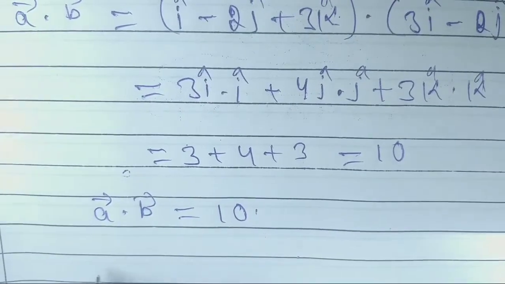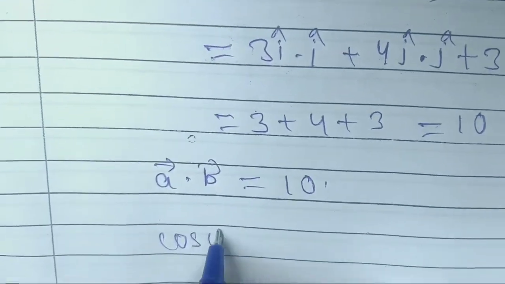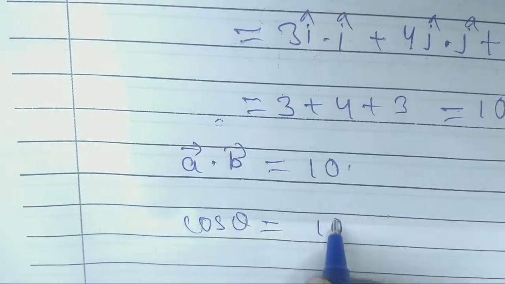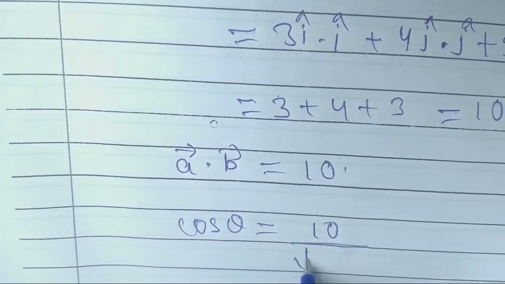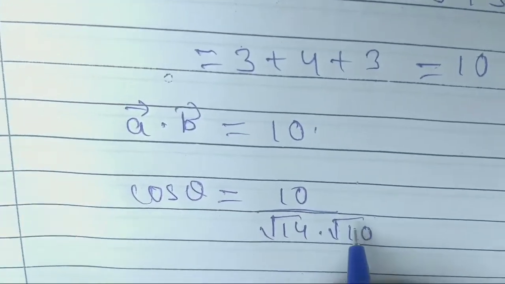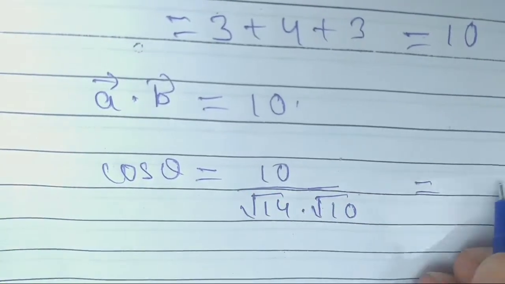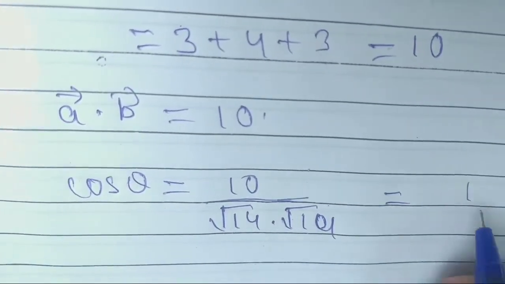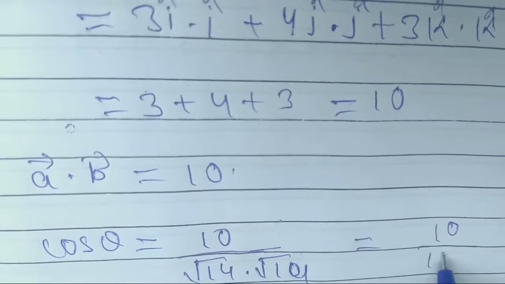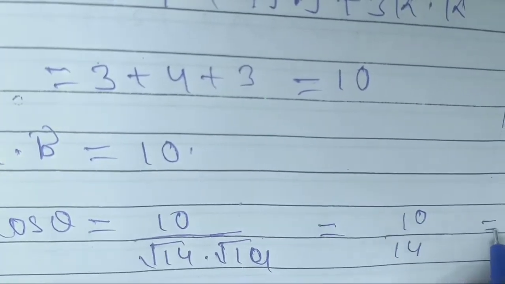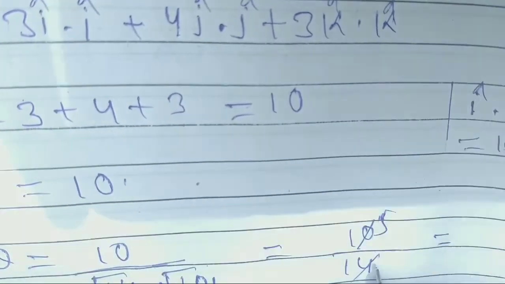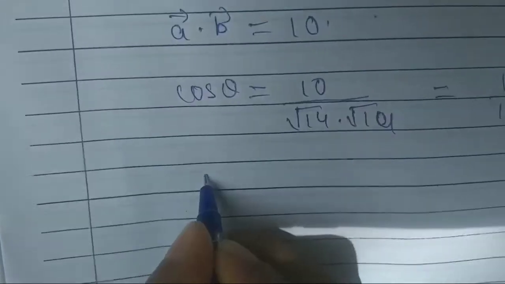Now I will substitute all the values in the formula. Cos theta is equal to 10 upon root 14 into root 14, which is equal to 10 upon 14, which is equal to 5 by 7.